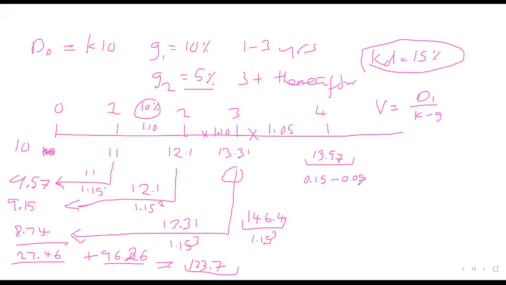This one becomes 139.7. Then we discount this at a discount rate of 15%. What are we getting?